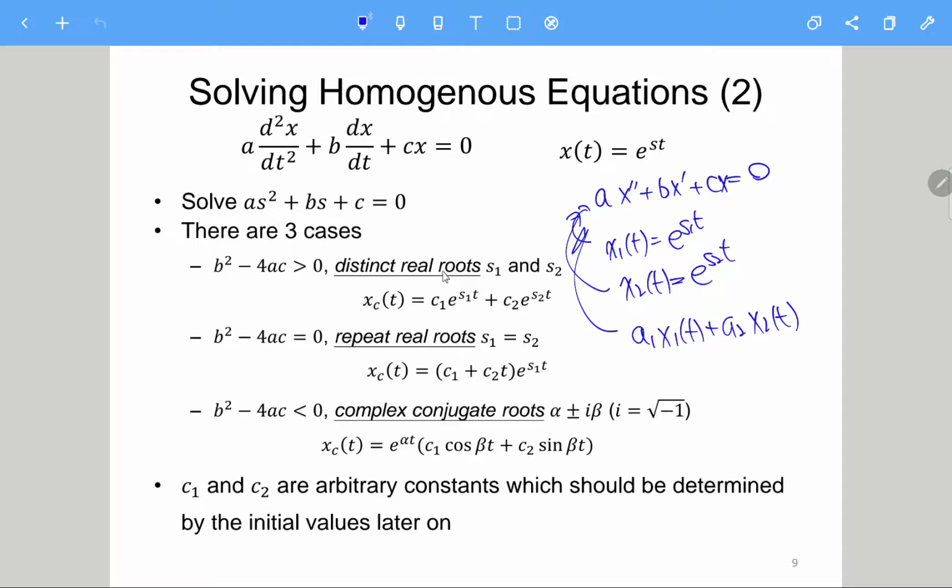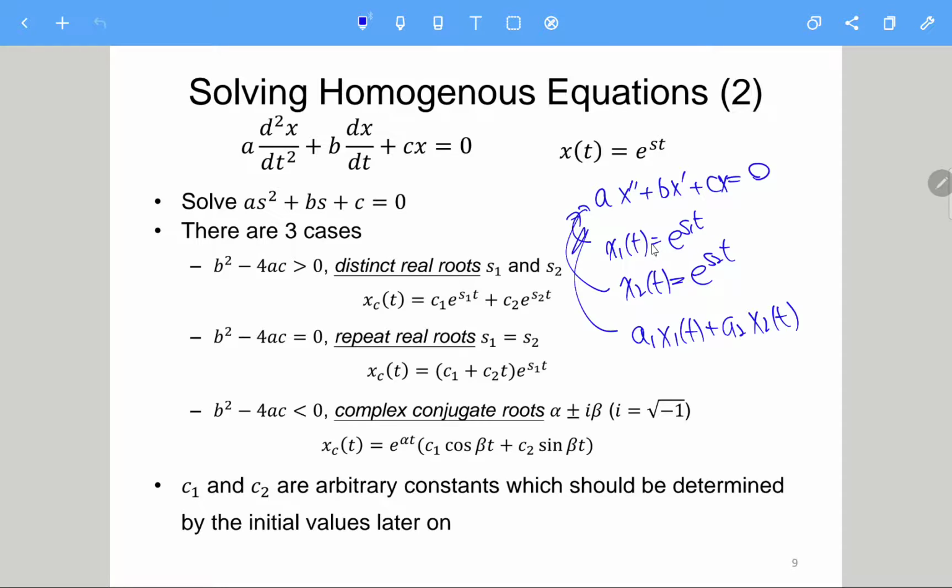As much as this is a solution, this is another solution. So here we call it the linear combination of these two solutions. It's also a solution to the original ODE. Any questions?